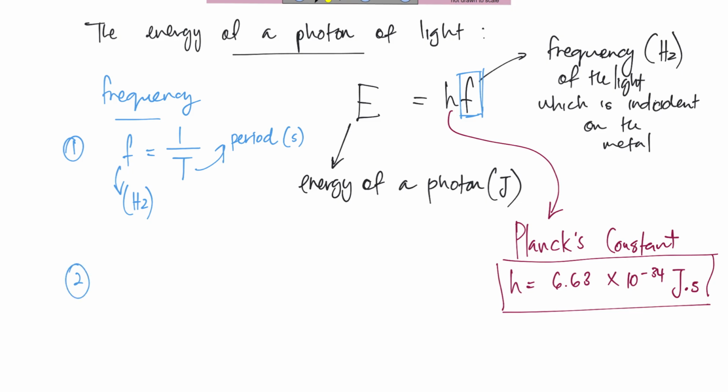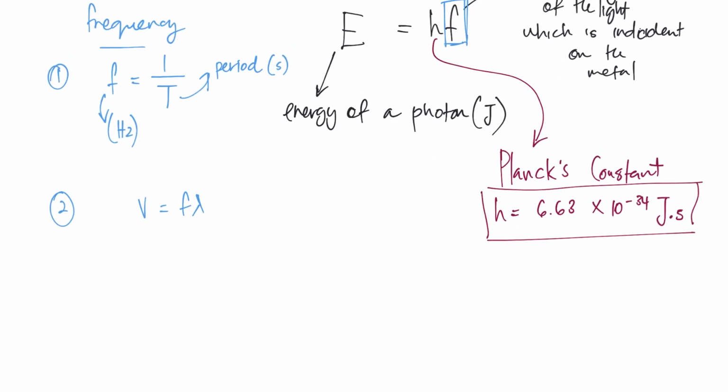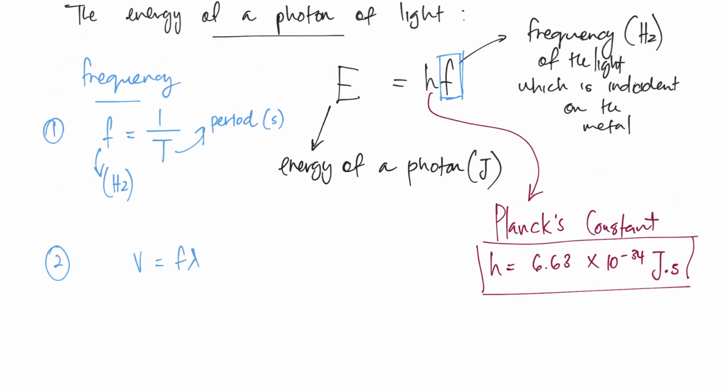The second equation we're going to use is an equation we've seen before, which is v is equal to f times lambda. Now, in this kind of situation, this v over here is the velocity of the wave.